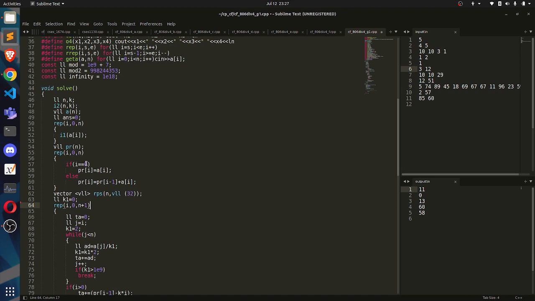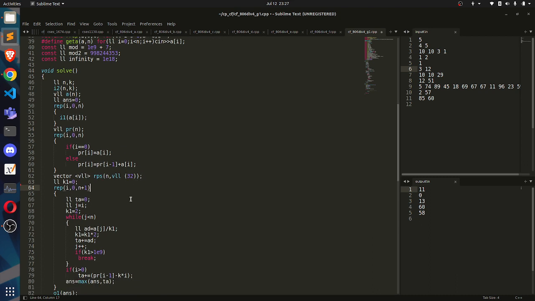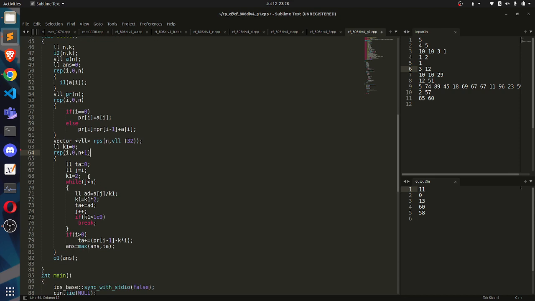I'm maintaining a prefix sum to calculate the value from the first position up to the ith position, so that I can get the sum in O(1) for all the good keys. I'm iterating the loop from 0 to n, where i = 0 denotes that I'm considering 0 good keys, and i = n denotes that I'm considering all n good keys.